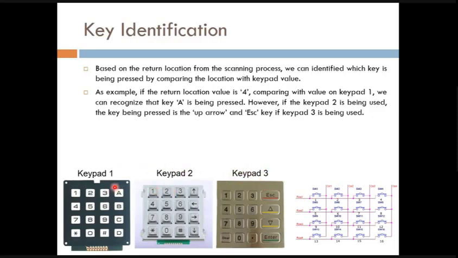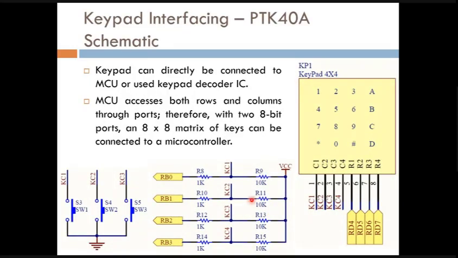Provided that if you are using 3 by 3, make sure the scanning is written for 3 by 3. If you are using a 4 by 4 matrix, make sure the function can accommodate up to 4 by 4. You need to make adjustments according to the matrix size of the keypad you want to use.